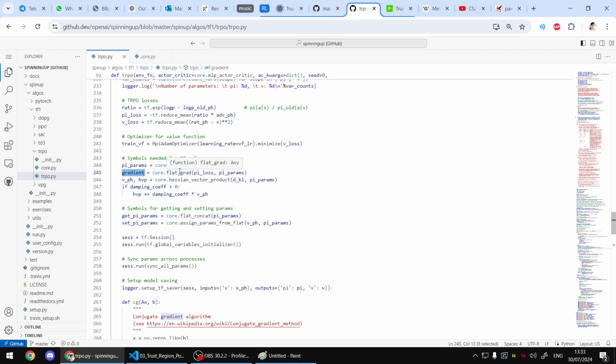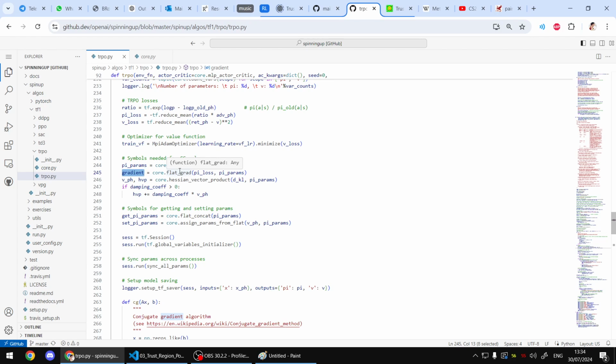Now there are caveats, because when we are calculating the gradient, it's a derivative with respect to a matrix, and each layer in a neural network, if it's linear, will have a matrix of weights and a vector of biases, and basically when you differentiate, you don't get flat.